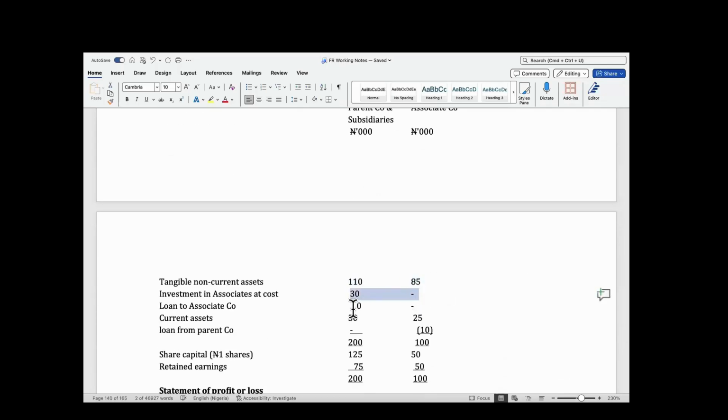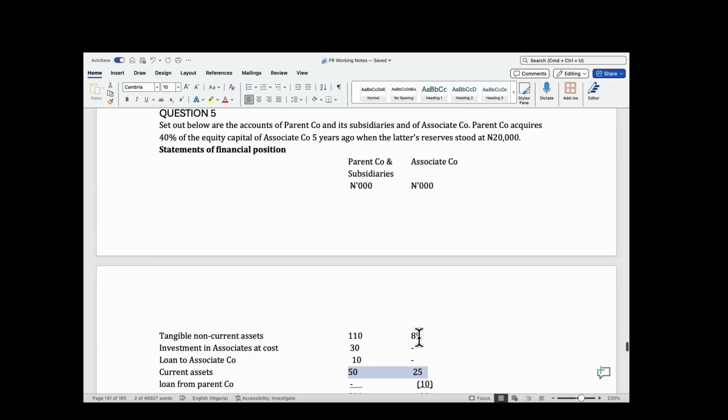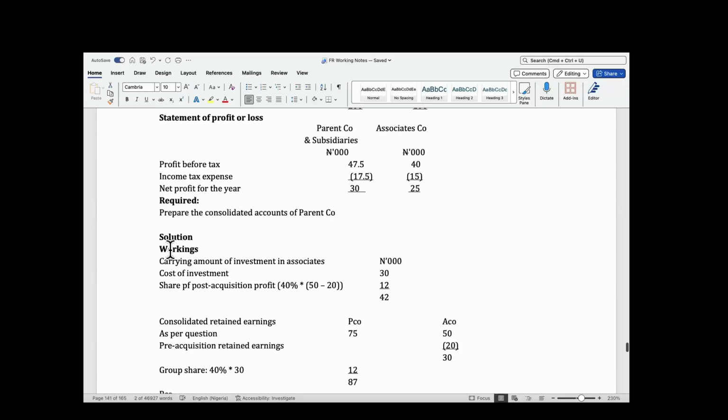You won't consolidate like we do for a subsidiary. No, you won't be adding them together. What we do for an associate is just to calculate the carrying amount of your investment in associate. That is all you do.